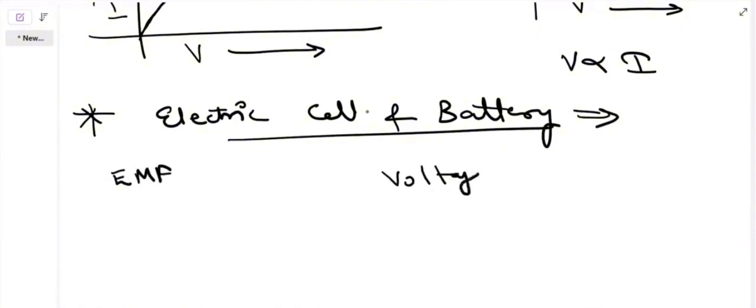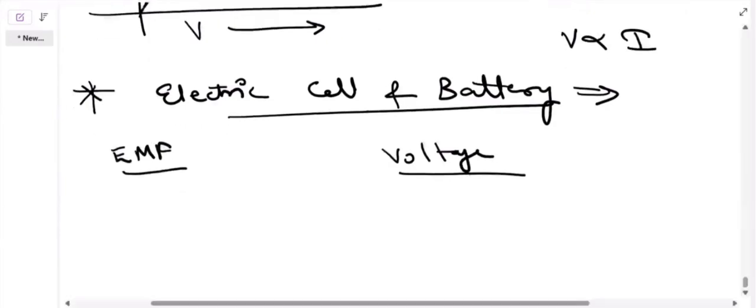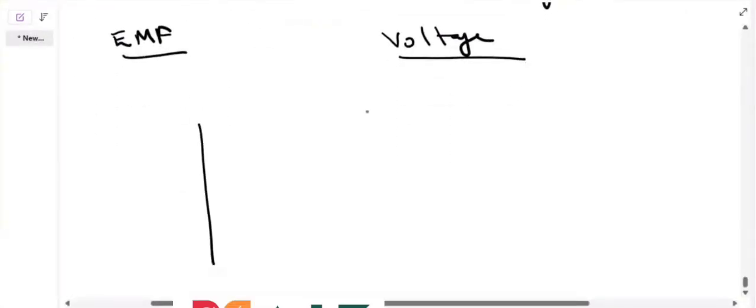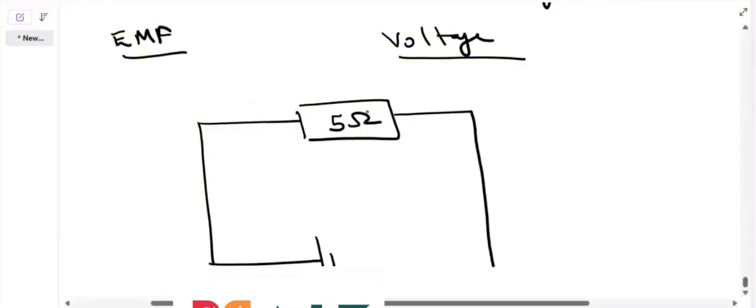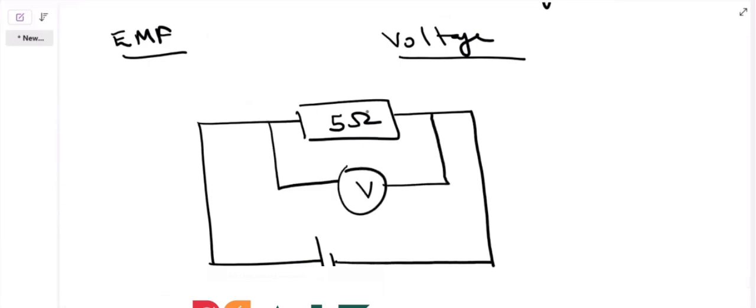Now try to understand this: suppose this is my circuit and here I have a resistance of, let's say, 5 ohm, and I am connecting it with a battery. The battery is connected like this, and I am measuring the voltage with a voltmeter. Let's say it is 2 volt.